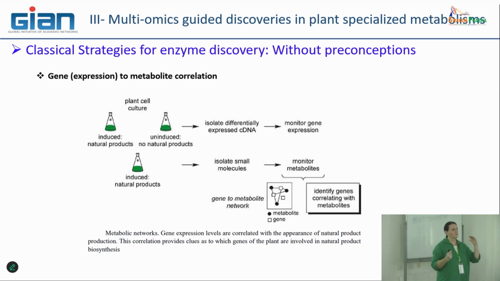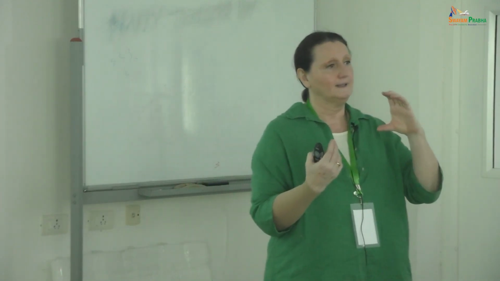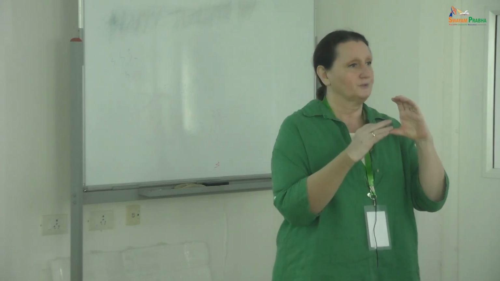By this way, with some statistical analysis of your data, you can correlate the presence of several metabolites with the expression of several genes. And by this way, you can have an idea of whether the gene could be involved in the metabolic pathway.